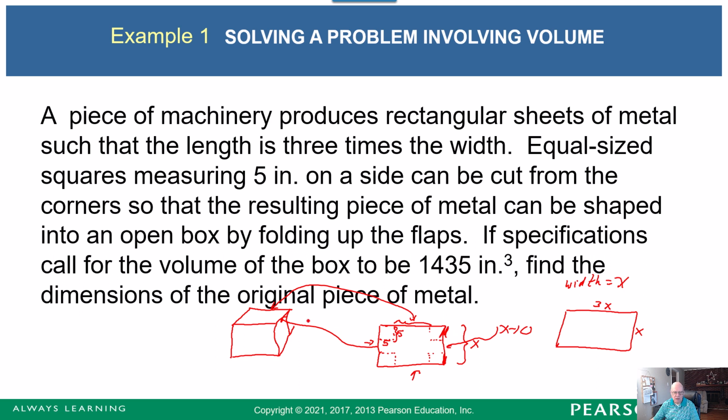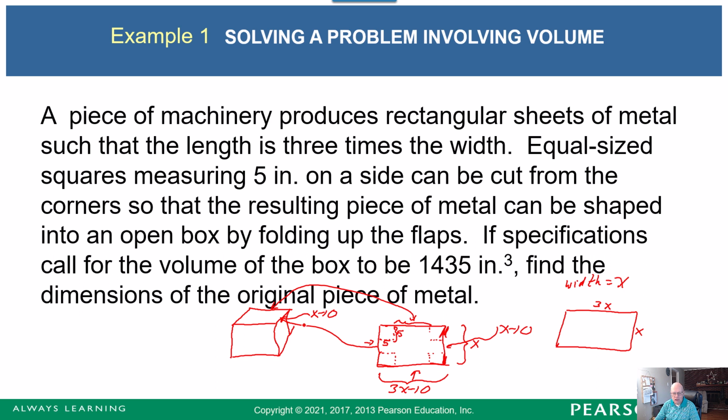Now this is going to be the top, so this will be x minus 10 here. Now what about the other side? Well, this side began as 3x. We're cutting 5 centimeters here, 5 centimeters here, so a 3x minus 10 for that side.